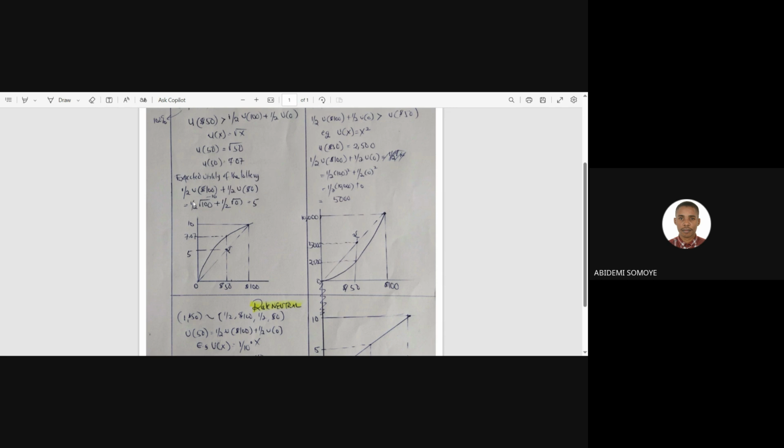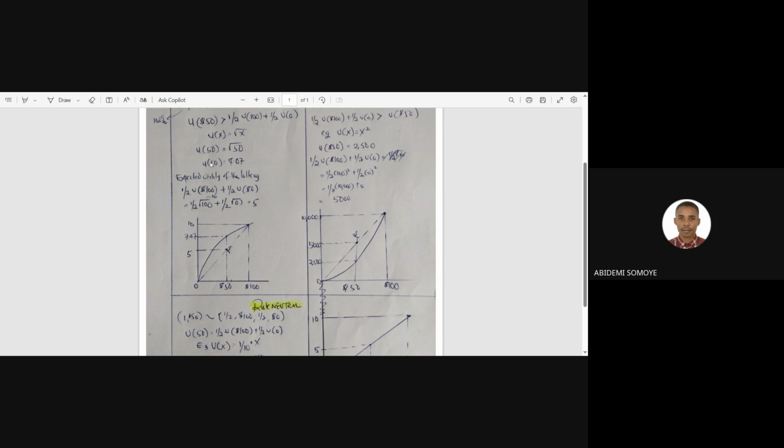The one on the left-hand side is half times the square root of 100, and the square root of 100 is 10. 10 divided by 2 equals 5. So the utility of playing the lottery is 5. The utility of taking $50 and not playing the lottery is 7.07. Which one is higher, 7.07 or 5? 7.07.